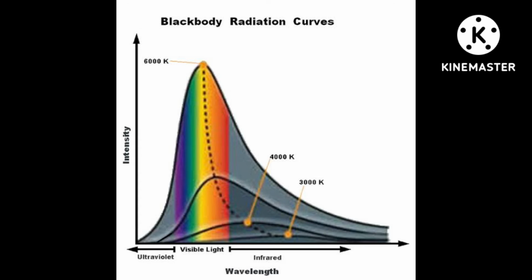Second, the number of electrons ejected is proportional to the intensity or brightness of light. Third, for each metal there is a characteristic minimum frequency, also known as the threshold frequency.